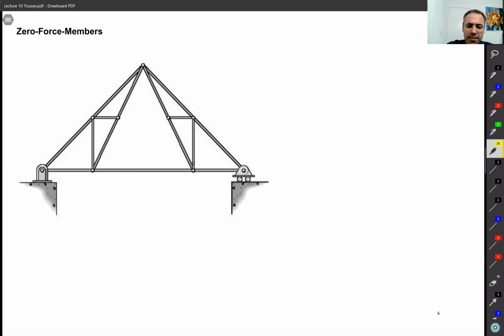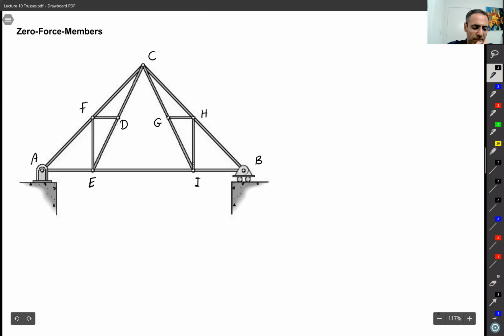So let's say that we have this truss here, right? And in a truss, it's customary to just use the English alphabet to name the joints, A, B, C, and there is no particular order, C, D, E, F, G, H, I, and so on, okay?